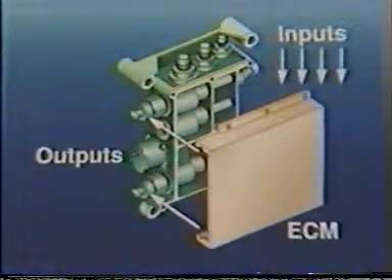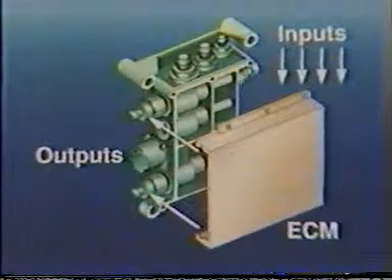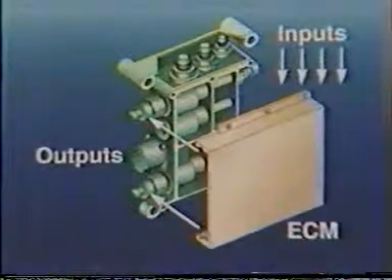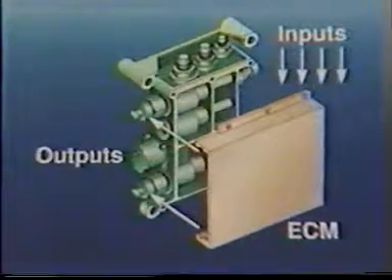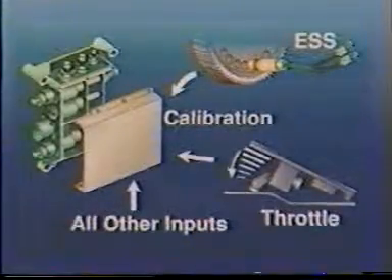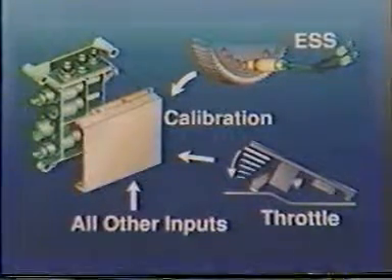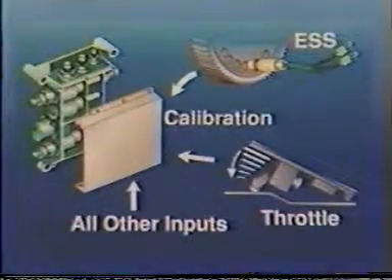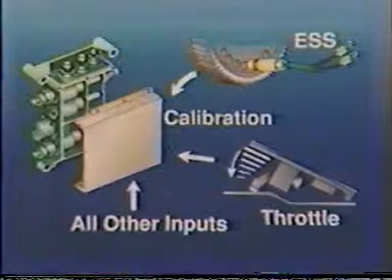The ECM can make changes to rail and timing pressures very quickly, responding instantly to the slightest variations in operating and environmental conditions. For example, look at when the operator opens the throttle to increase engine speed. The ECM will consider the request for increased engine speed, the actual engine speed, and all other inputs.